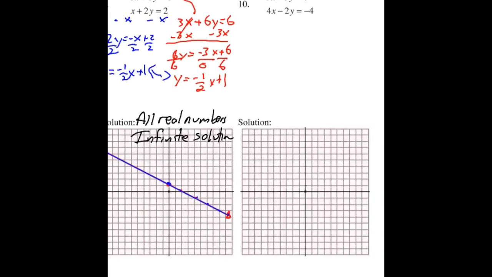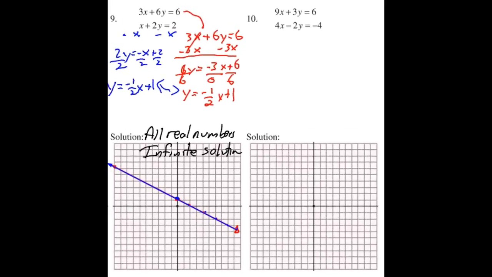Okay, let's look at one more. Let's do this one, the 9x plus 3y equals 6. Subtract 9x both sides, and we're going to end up dividing by 3 everywhere as well.